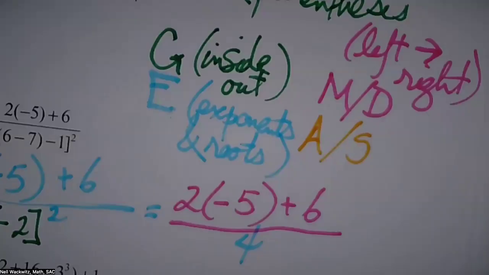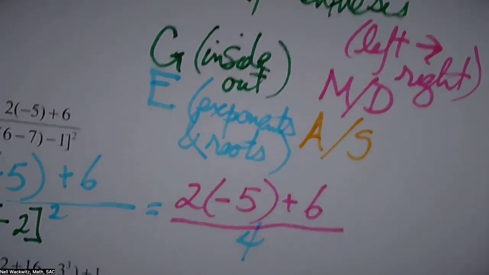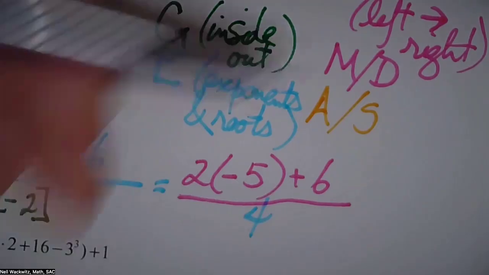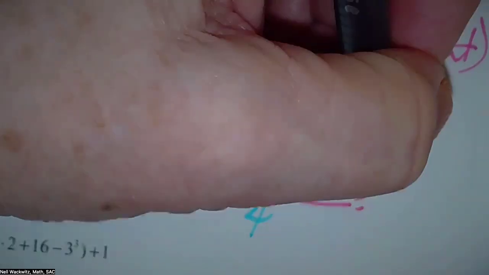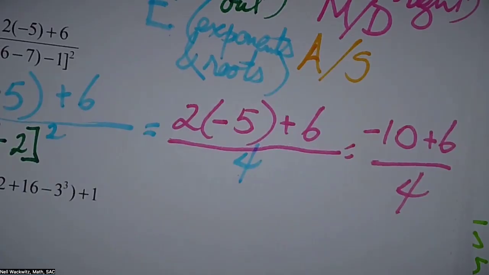I didn't see who said that. Thank you. So we have multiplication. That means we're going to start with multiplication. 2 times -5 is -10. So we've got -10 plus 6 over 4.